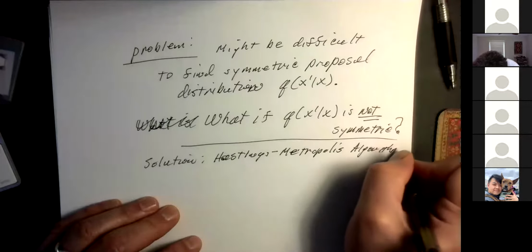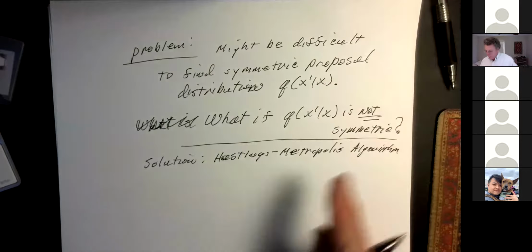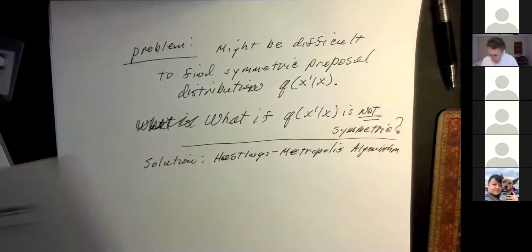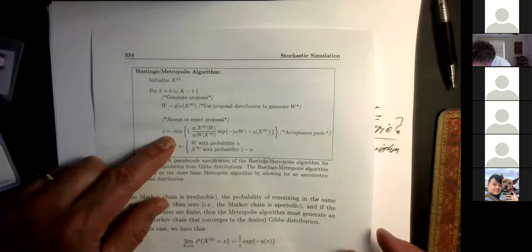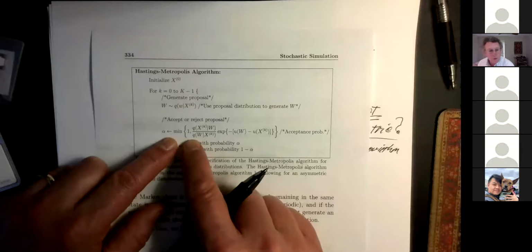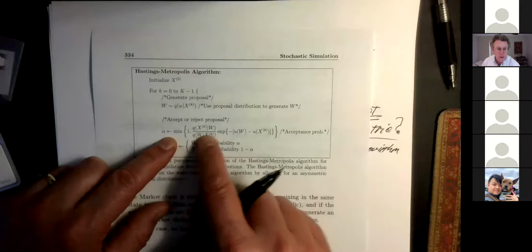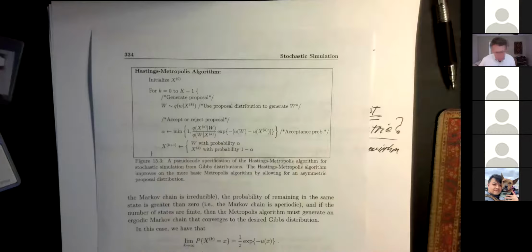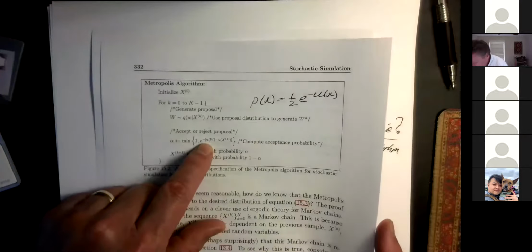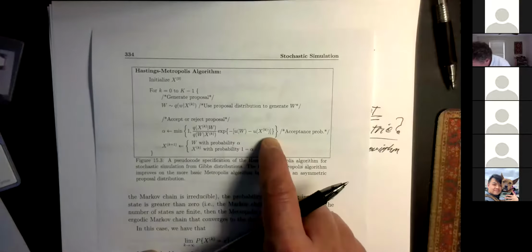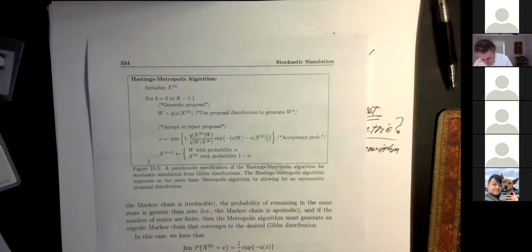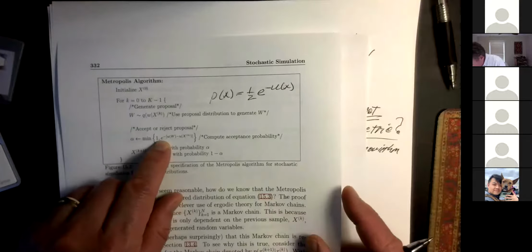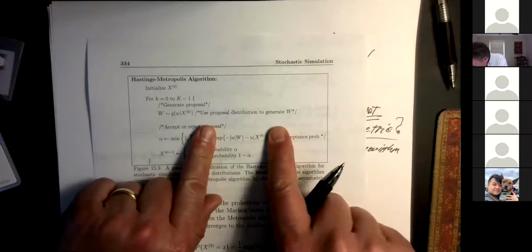So this works in a more general case where the distribution is not symmetric. And there, the trick is that the expression for the acceptance probability gets a little more complicated. In the standard Metropolis algorithm, you just have e to the minus this thing over here, and that's exactly what this is; here it's written as an exponential, there as an exponent, so it looks a little different, but this part is the same.